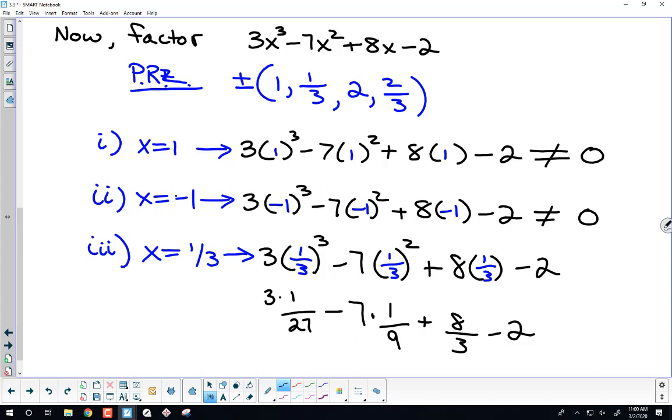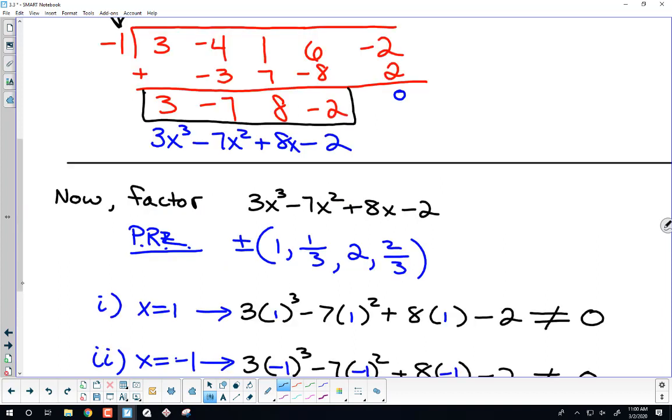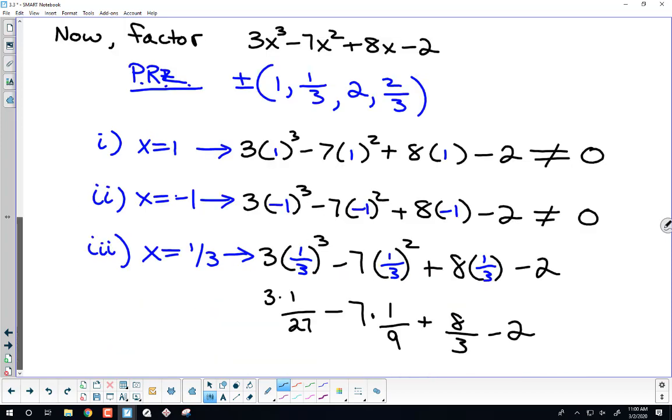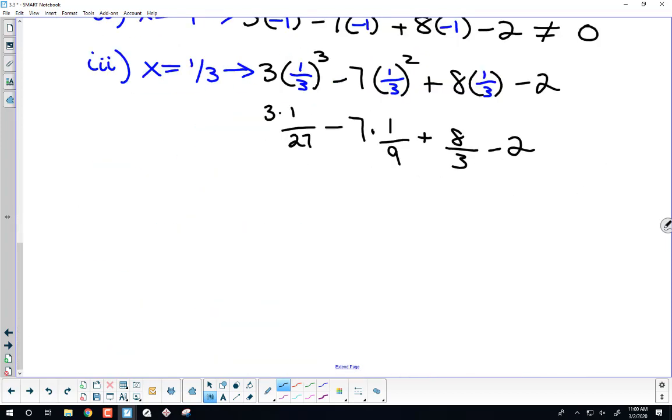Okay, so sadly, since our lowest denominator is 27, our smallest fraction I guess is the 27th, we need all of these as 27ths. So that one's fine. 3 27ths minus 7/9 is how many 27ths?